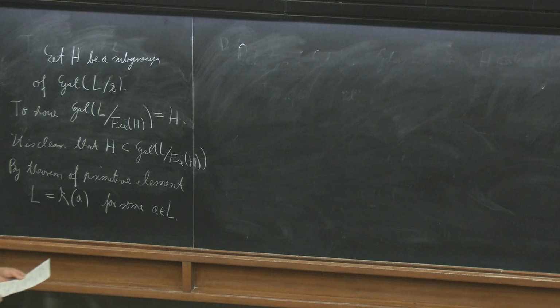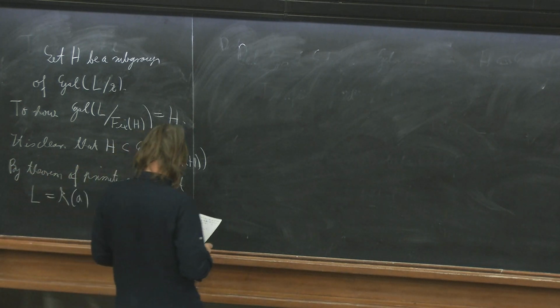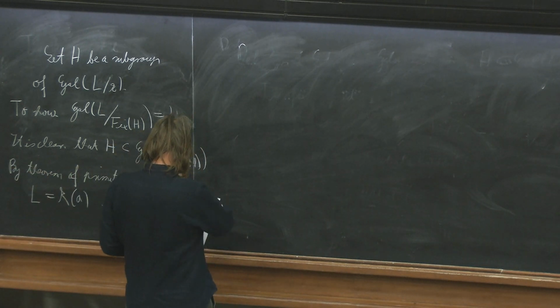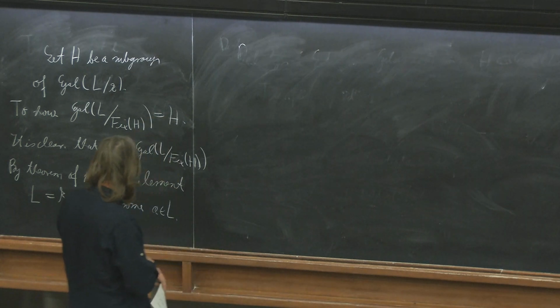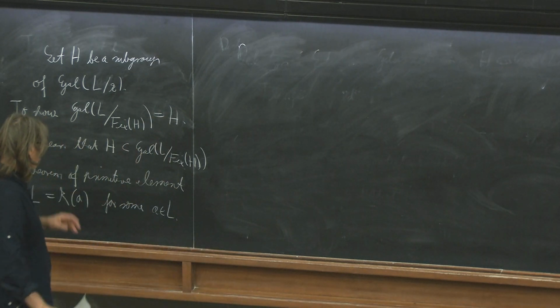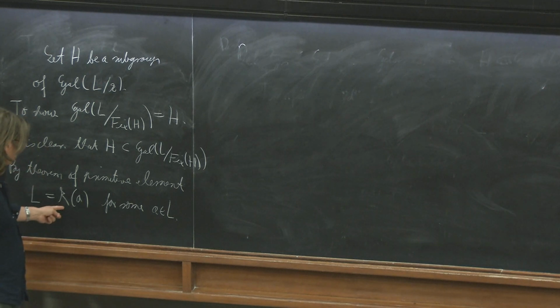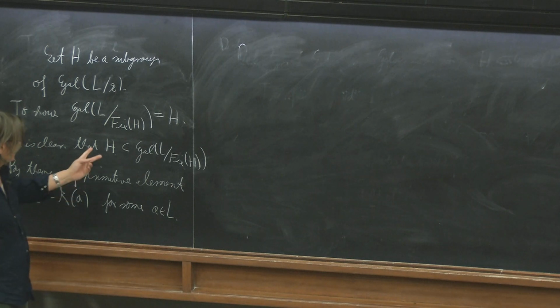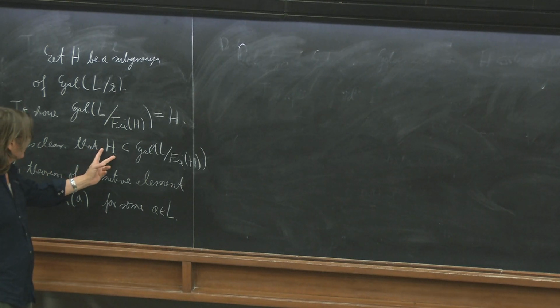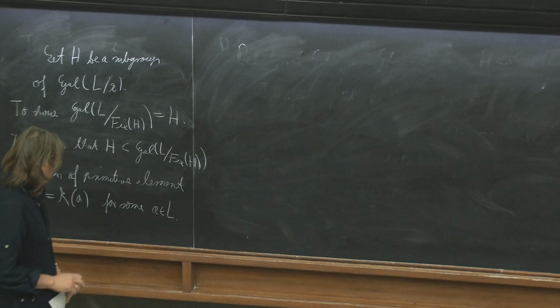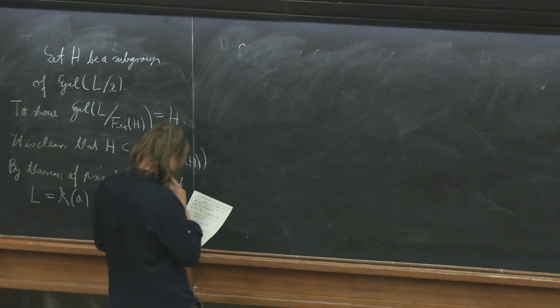A is our primitive element. Now we write down a polynomial, and we will want to show that this is a polynomial with coefficients in K, and that its degree is equal, by definition, to the number of elements in H, and that will lead to our conclusion.